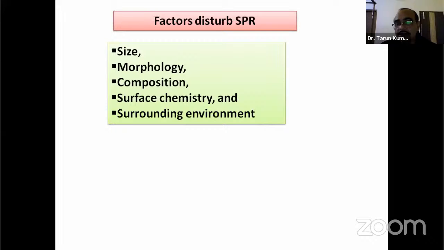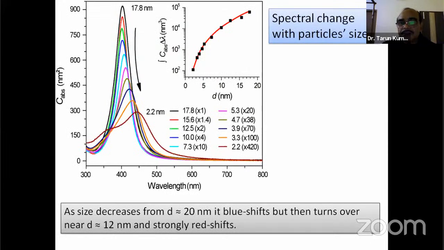I will discuss a little bit here the factors affecting the surface plasmon resonance. It is affected by the size, morphology, composition, the surrounding environment, and the surface chemistry. That tunes the properties. Here in this slide you can find how the surface plasmon resonance changes due to different particle sizes.